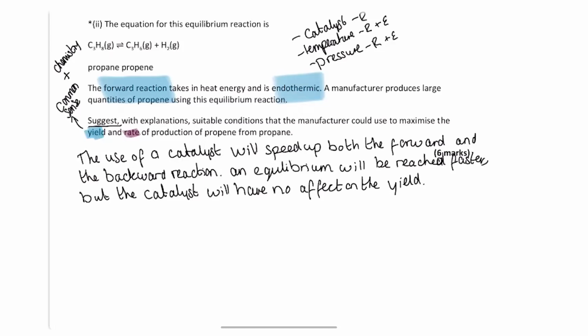So we will get to equilibrium faster, but it is going to have no overall effect on the equilibrium yield. So I've called it a paragraph. It's really only 2 sentences.